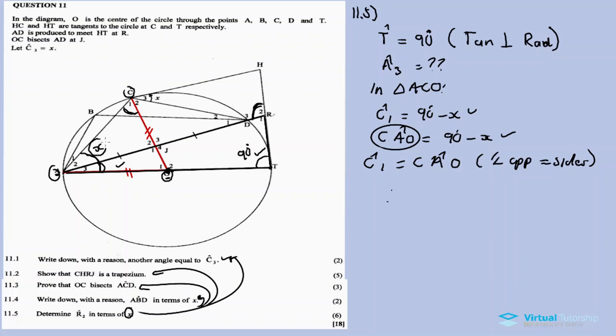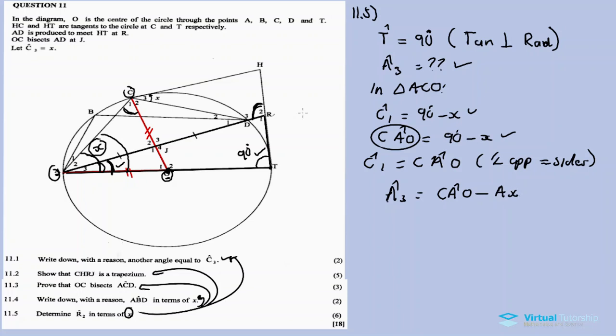This angle x will help us calculate this angle A3, which is the angle we want, right? Saying now this whole angle CAO, and then A3 will be equal to CAO minus A2.